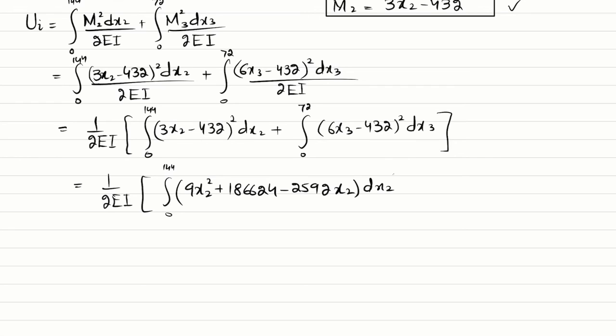Clear? Plus integral of 0 to 72, 6x3 square is 36x3 square, plus 186624 which is the square of 432, minus 2 times 6x3 into 432 will give you minus 5184 x3, and it will be into dx3.